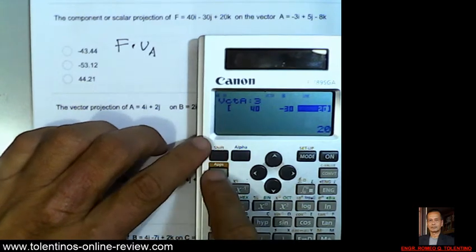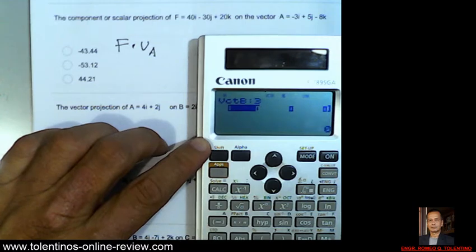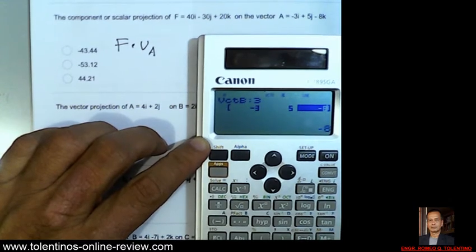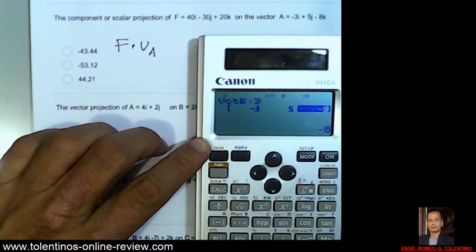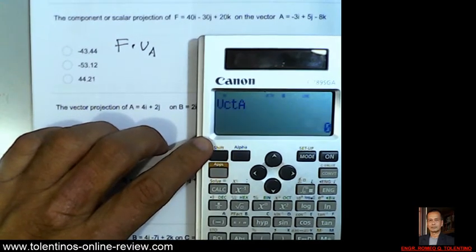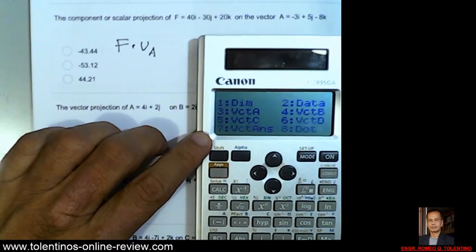And then, shift apps, dimension mo yung vector B, 1, that is negative 3, 5, and negative 8.